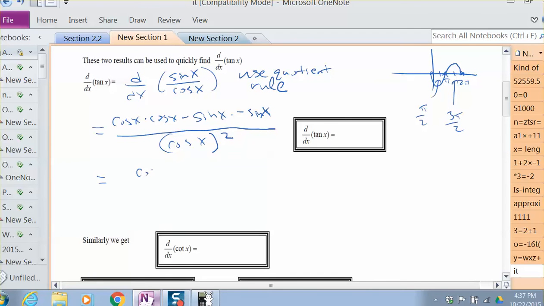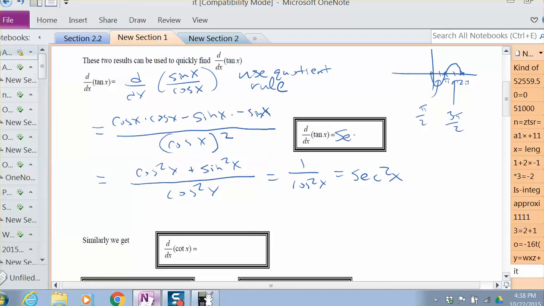So we get cosine squared x, and the two negatives make it a plus sine squared x, over cosine squared x. So it's 1 over cosine squared x, or really just secant squared x. So that's going to be the derivative of tangent.